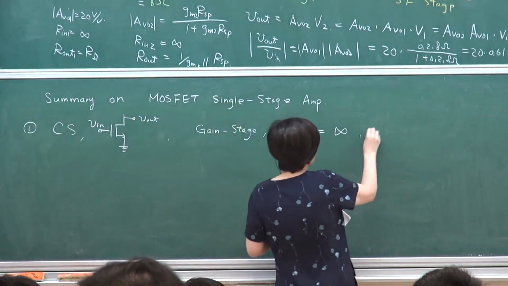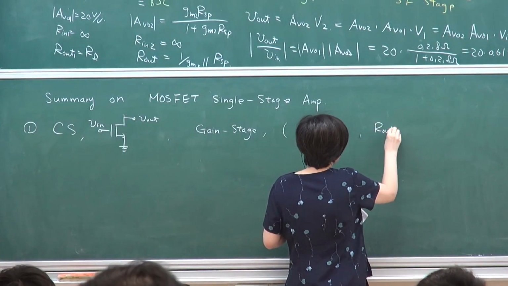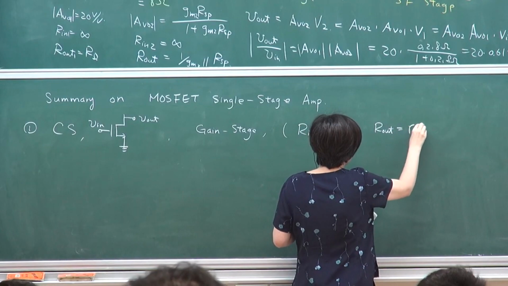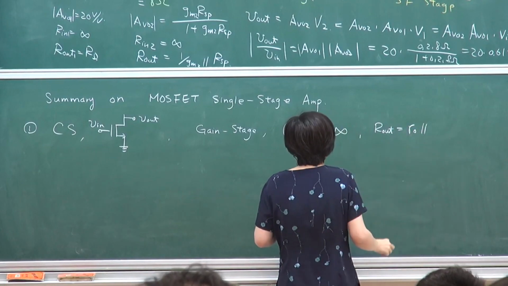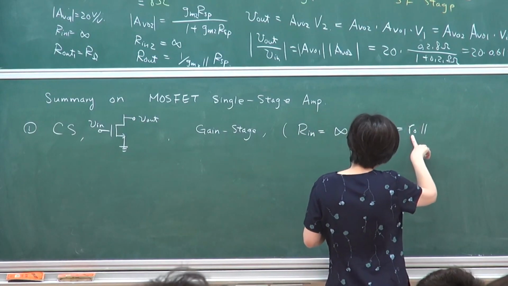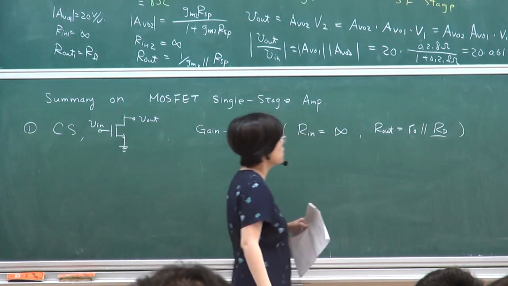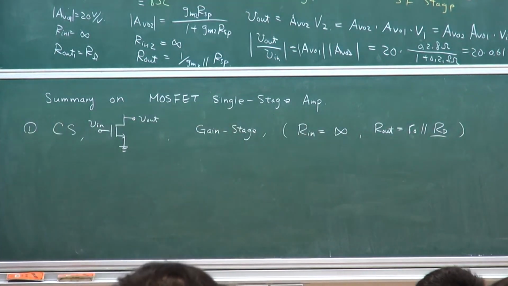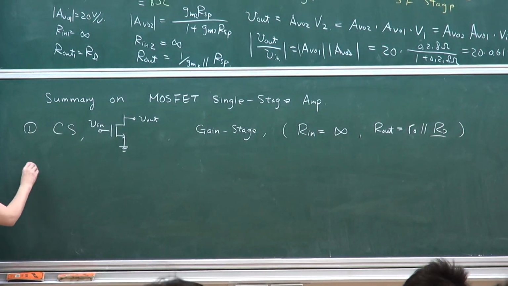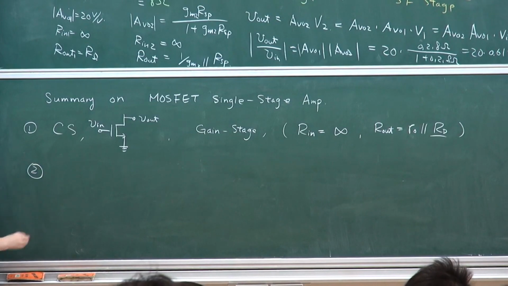And its output resistance is typically in the range of, depending on the internal output resistance and of course your loading biasing resistance. And it's an inverting stage. Okay? So uniquely, it's a gain stage providing a gain of GM times Rout as the parameters.